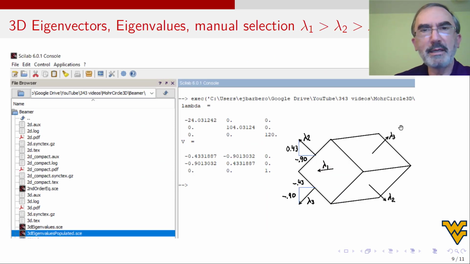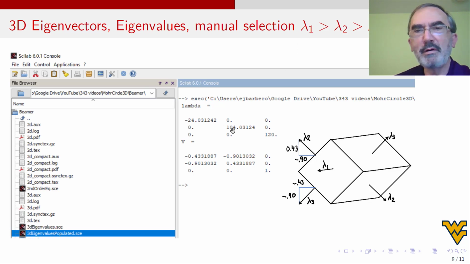So we look at the console. The console says 120 now is here, then 104 and minus 24. It looks like it's ordering them in some way, putting the largest at the end, but we need it at the beginning.